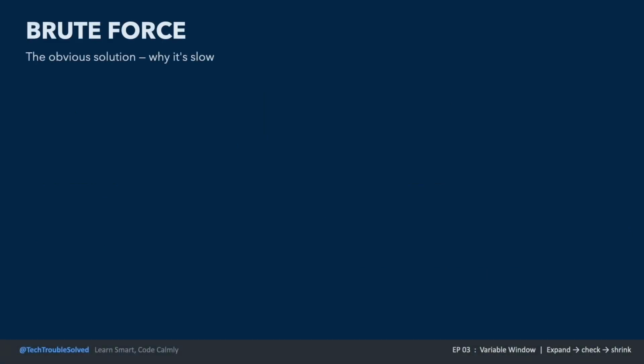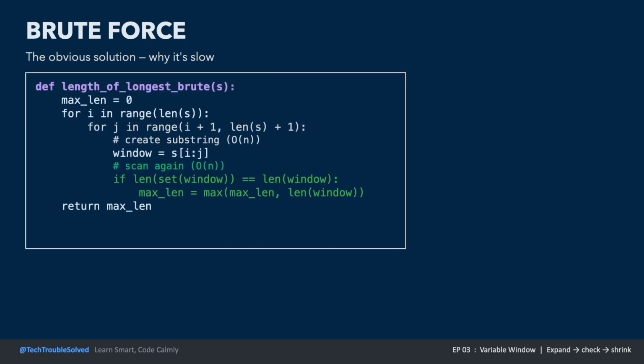Before we write the clean solution, let's look at the brute force in actual code, just so you can see exactly where the pain is. See that set window call? Every time we check a substring, Python is looping through every character in it again. We are not using what we already know.